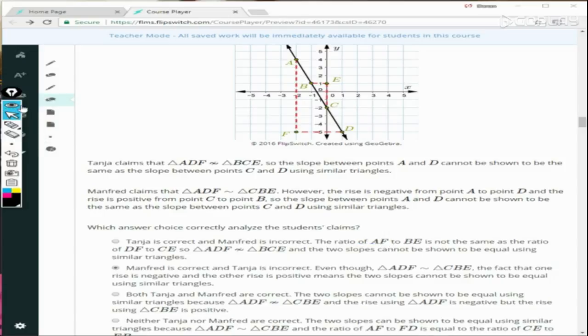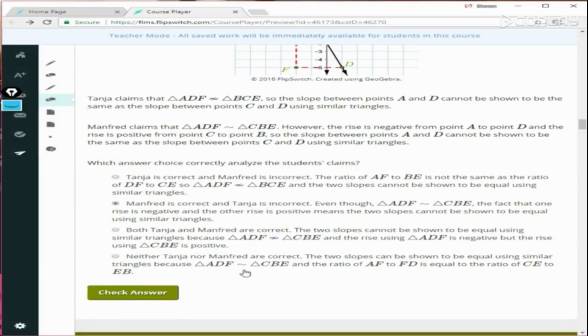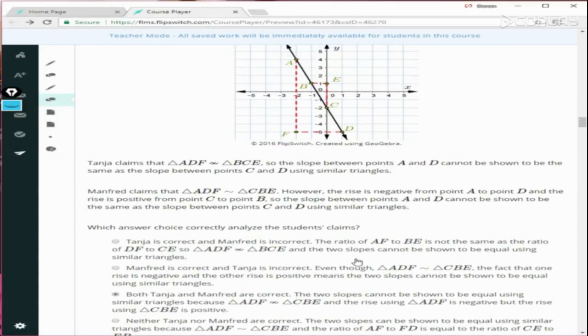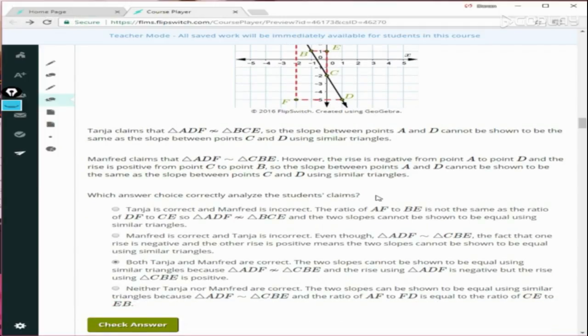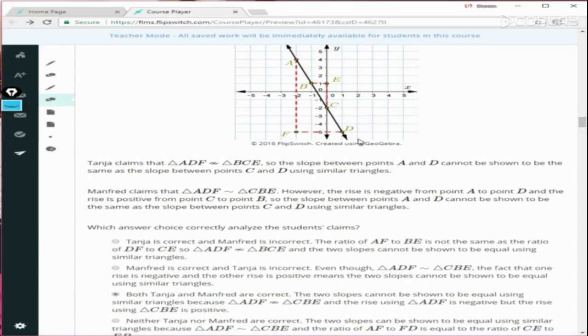Okay, so let's read the next one. Both Tangent and Manfred are correct. The two slopes cannot be shown to be equal using similar triangles because triangle ADF is not similar to triangle CBE, and the rise using triangle ADF is negative, but the rise using triangle CBE is positive. So again, you read a graph left to right.